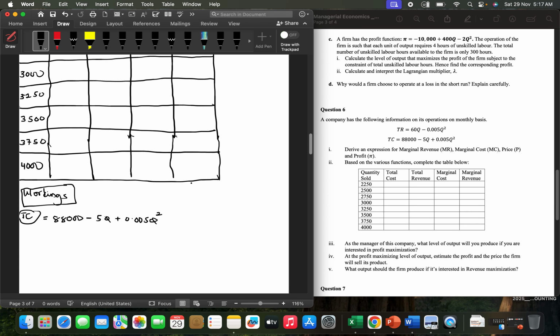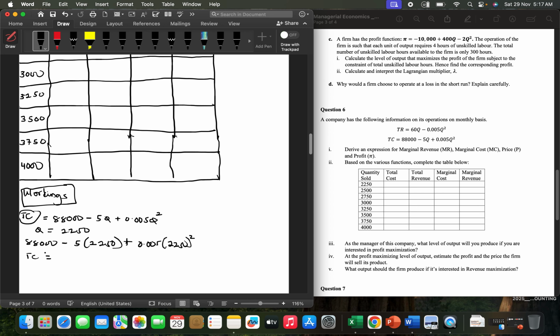For the first output, where Q is equal to 2250, I have 88,000 minus 5 times 2250 plus 0.005 times 2250 squared. I won't solve for all the outputs, I'll solve for some so that you get to know the format.